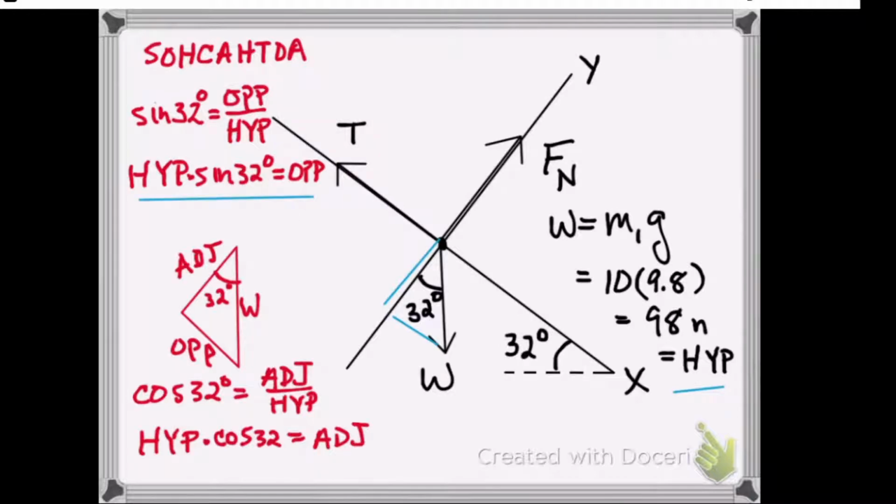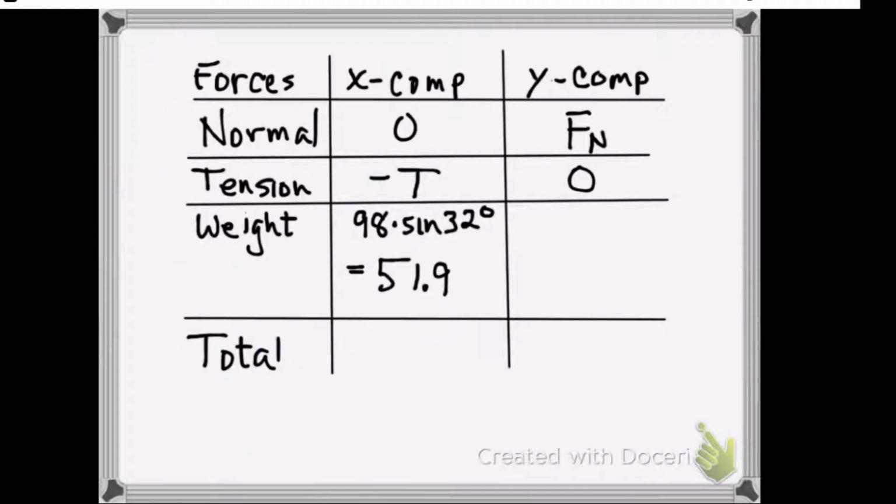Now if we go back here, the weight for the y direction is going to be the adjacent side, which is the hypotenuse times the cosine of 32. But notice that it's in the negative direction. So that's going to be negative 98 multiplied by the cosine of 32.